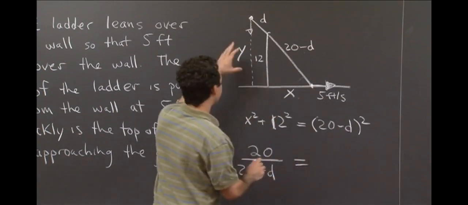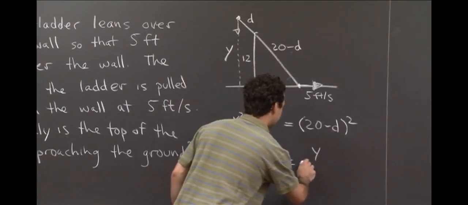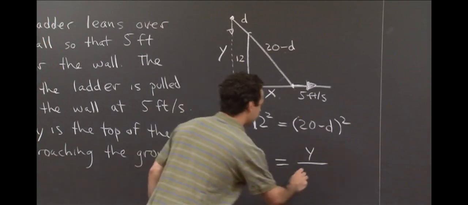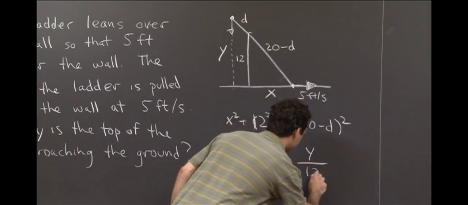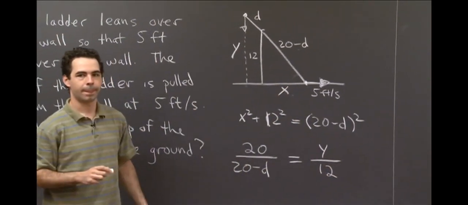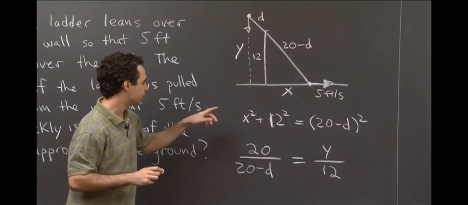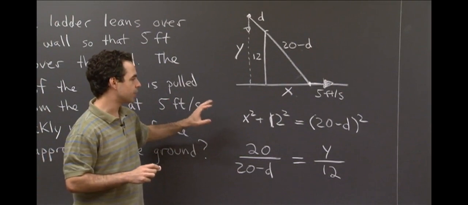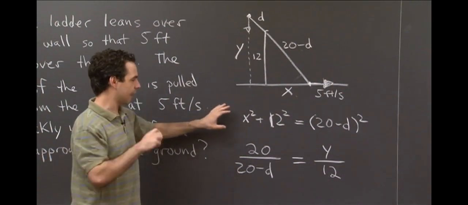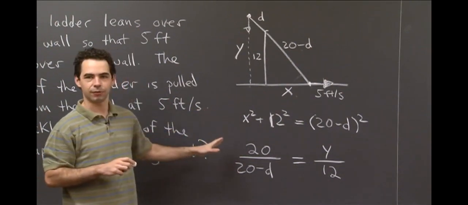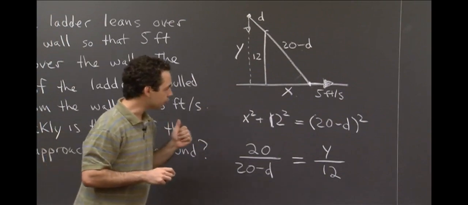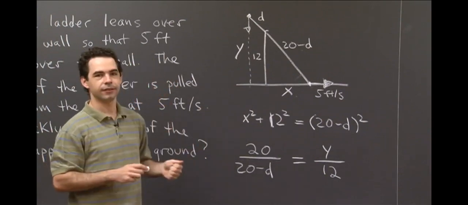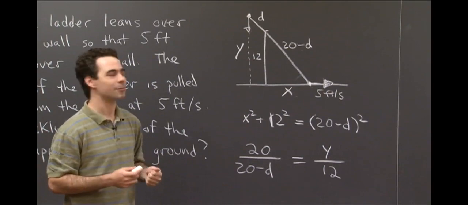And so the big leg is y, and the small leg is 12. Okay. All right, so there's the Pythagorean theorem, there's similar triangles. So we now have the relationships that we're after relating x and y and d all to each other. Great. So now we can do the calculus part of this problem.